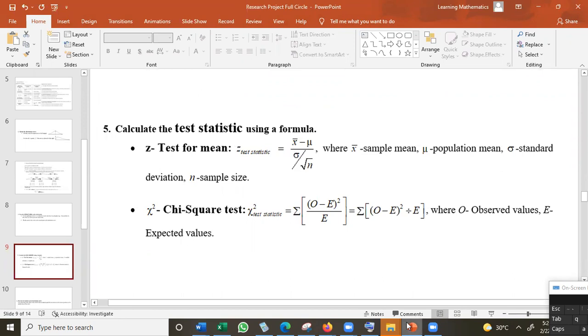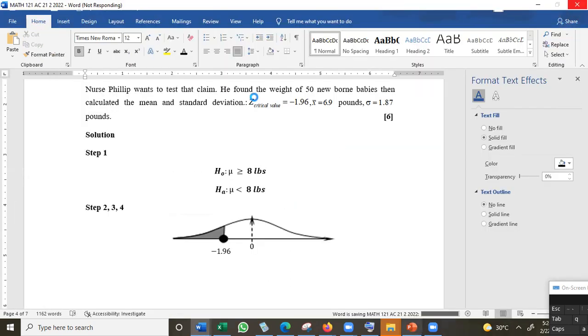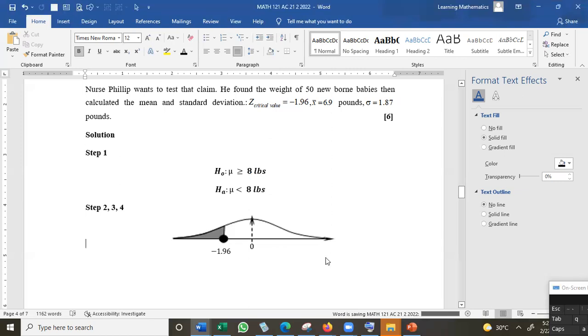These 4 numbers will be provided. Here they are. The sample mean, the standard deviation, the sample size is 50, and the population mean is 8. So these 4 numbers will be provided so that you can calculate the test statistic using this formula, and that is step number 5.